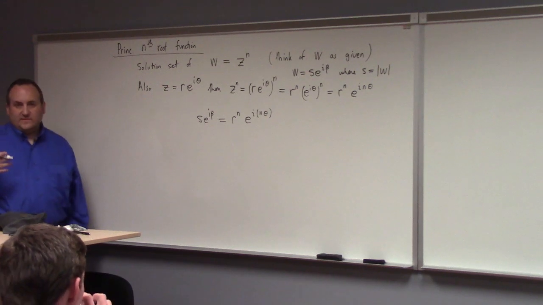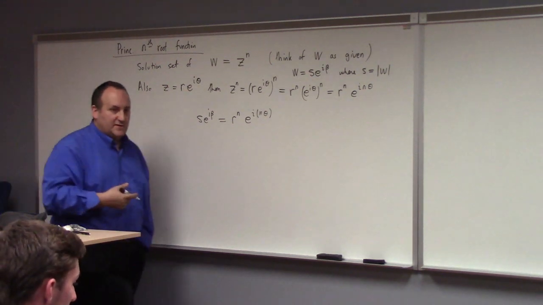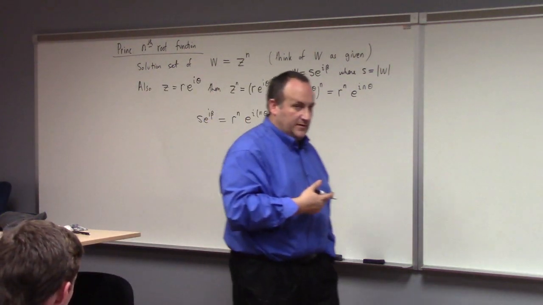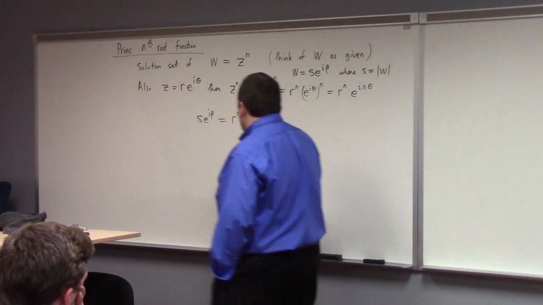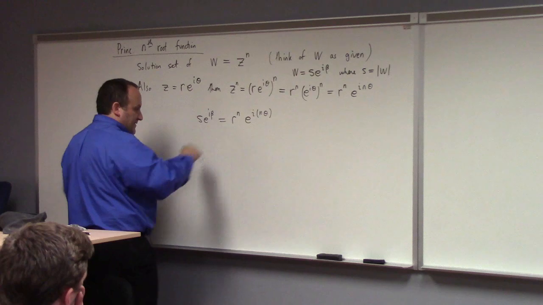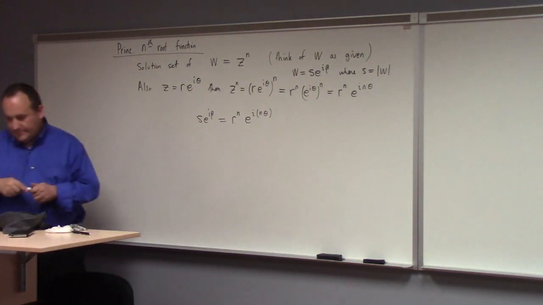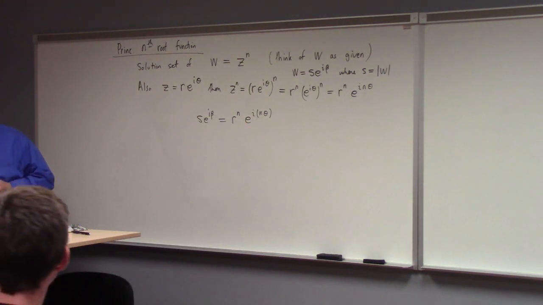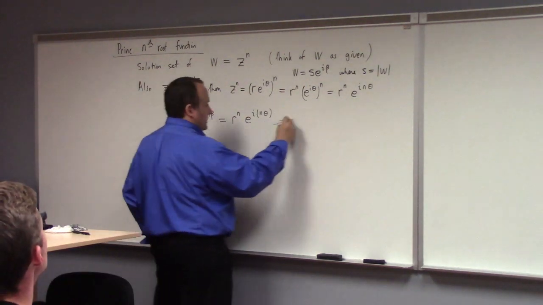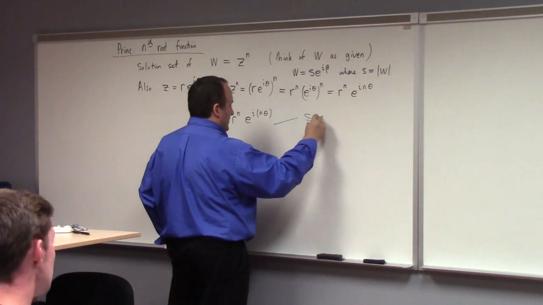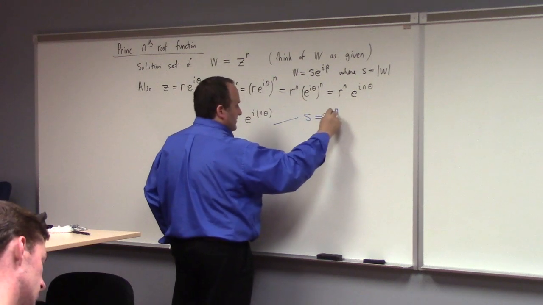Our goal right now is to describe all possible z which solve this equation for given w. In order for this equation to be true, what has to be true? Two things. On the one hand, s is equal to r to the power n.